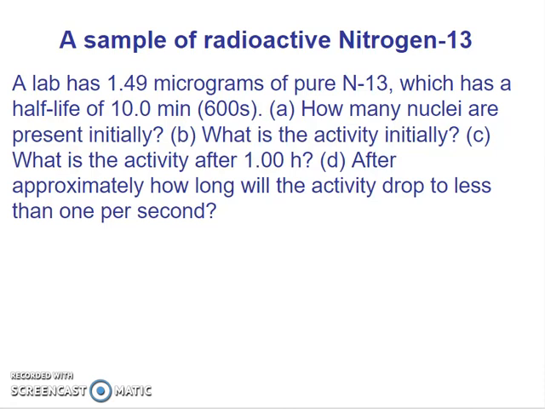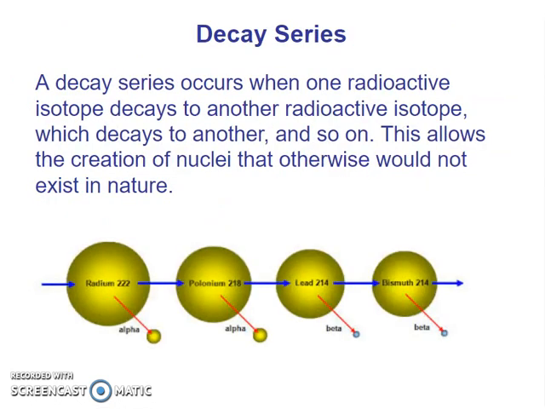And D, after approximately how long will the activity drop to less than 1 per second? That's just going through half-life, half-life, half-life until that's less than 1. Those steps can be found on page 931. It's a bit too complicated for me to type out on my computer here, so check that out in the textbook.